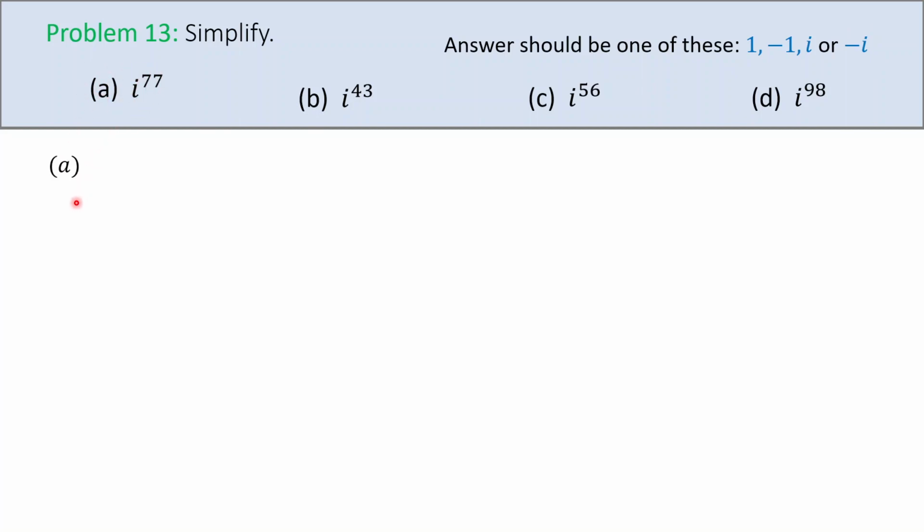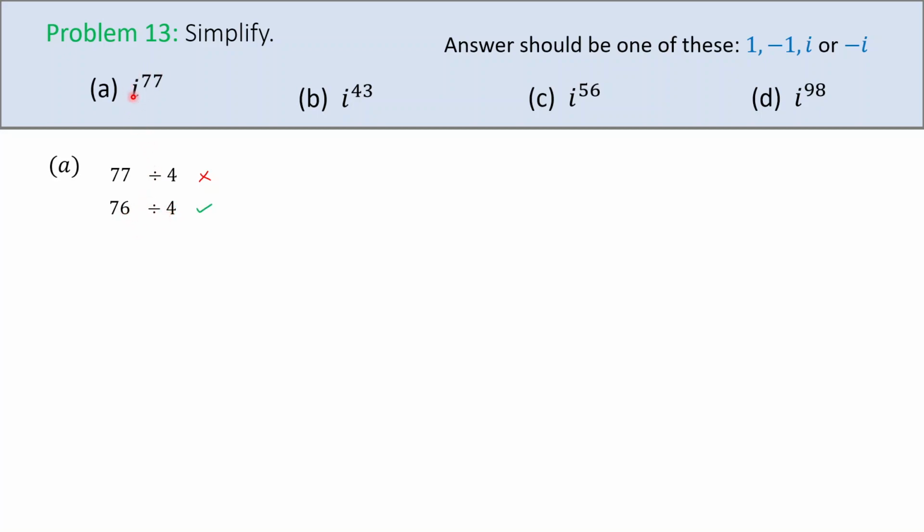Let us do this problem. First take this. To find the value of this, take the exponent 77 and check whether you can divide it by 4. 77 you cannot divide by 4. Next, take 76. 76 you can divide by 4.